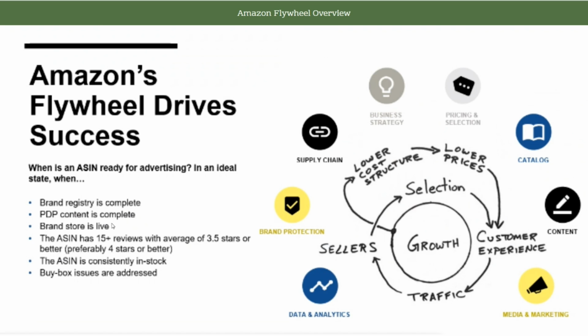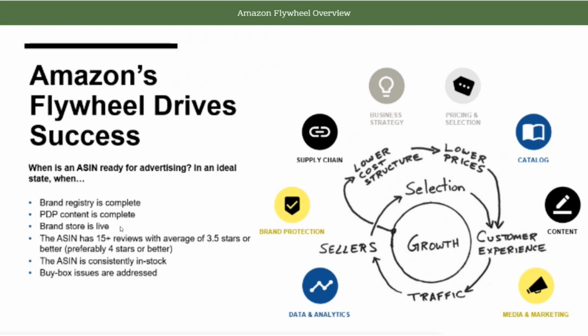PDP content is complete. So making sure that your product listing is fully optimized. You want to include some A+ content, which again, we'll go over in a later module. It's really just some more in-depth product listing to make it look more custom. And your brand store is live.